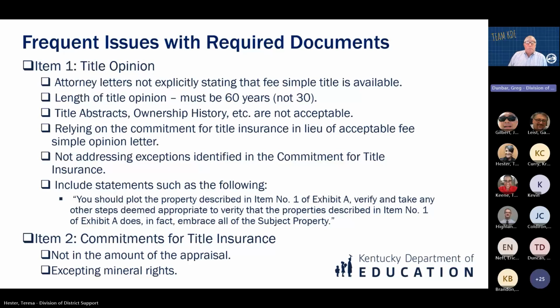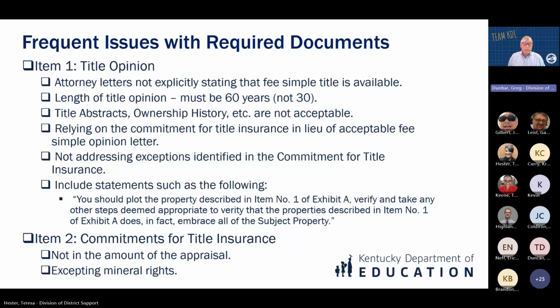Title opinion. This is a frequent issue. The attorney letter does not explicitly state that fee simple title is available. We frequently see 30 years and not 60 years. 30 years is for residential; 60 years is based on finance cabinet and other state property requirements. Title abstracts, ownership history, and so forth are not acceptable in lieu of the attorney letter.